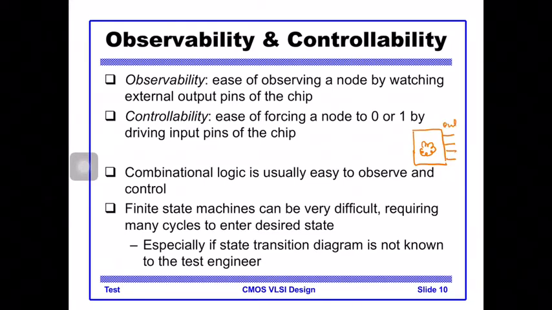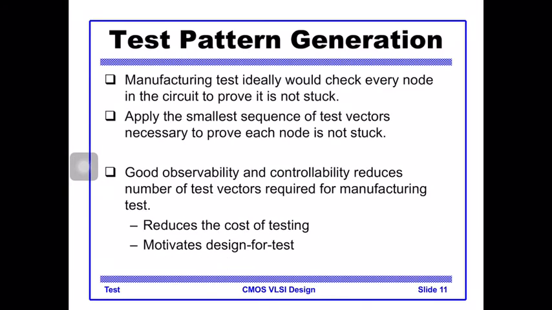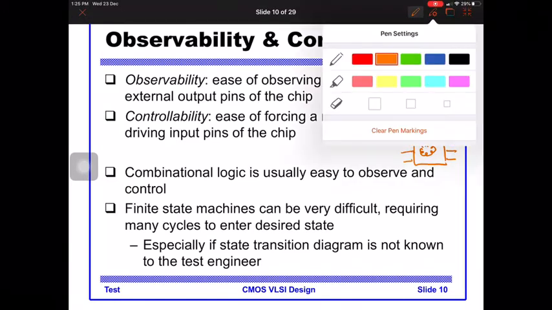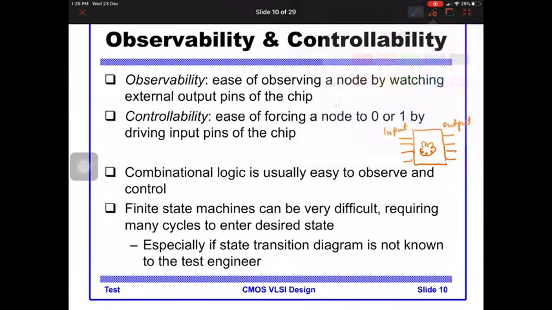So this is your output pin, and you can also have some input pin, and you want to find out what is going on in the chip. Alright, so you want to find out what is going on inside here. So you want to observe what is inside here. So this is known as observability, which is observing the node inside the chip via the output. So you connect this node here to the output so that you can watch what is going on.